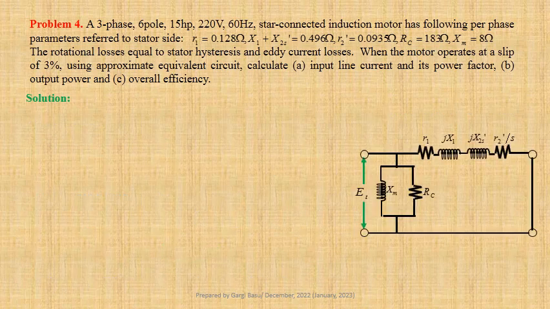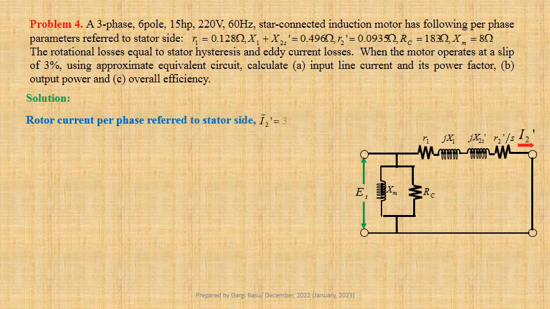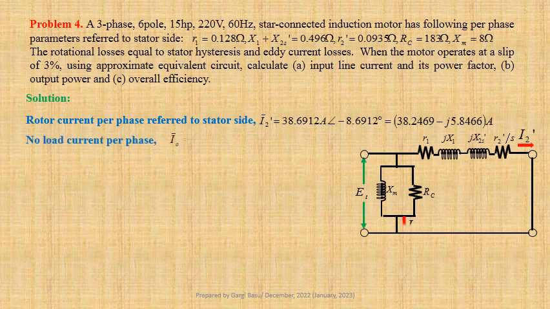We have determined rotor current per phase referred to stator side I2 dash equals 38.6912 ampere at an angle minus 8.6912 degree. This may be written in Cartesian form as 38.2469 minus J times 5.8466 ampere, and no load current per phase I0 equals 0.694 minus J times 15.875 ampere.